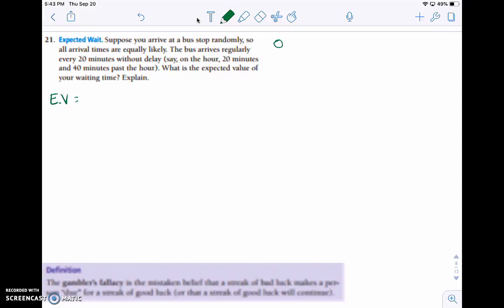If you get there right when it leaves, you could also have a wait time somewhere around 1 minute, 2 minutes, 3, 4, 5, 6, all the way up to you just missed the bus and you have to wait the full 20 minutes. Each of these wait times is equally likely, and we're rounding everything to the nearest minute here. So it turns out that from 0 to 20, there are 21 possibilities, and each has an equal chance.